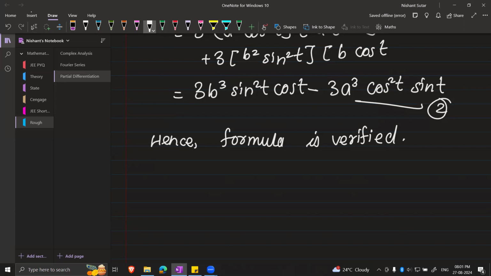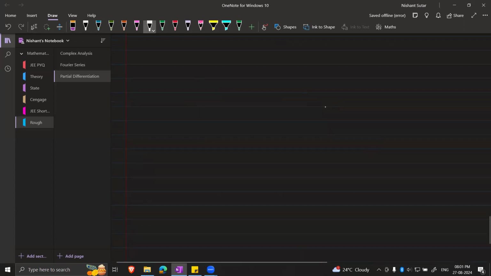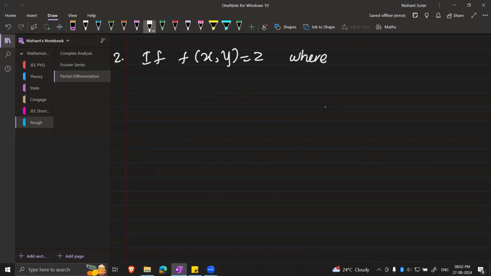Now for the next example, if f of xy is some z where my x is a function of two variables, e raised to u cos v, and y is also a function of two variables, e raised to u sin v.